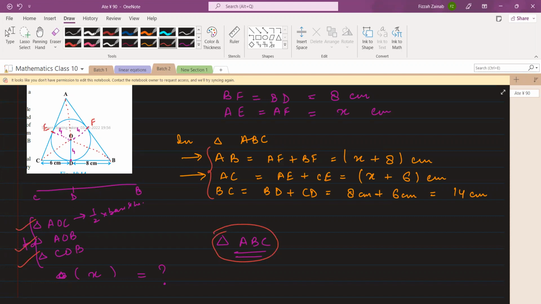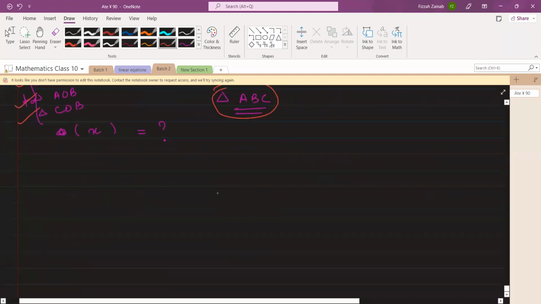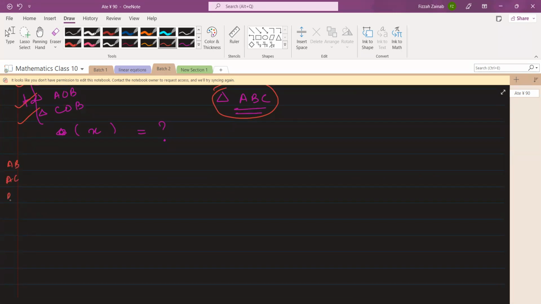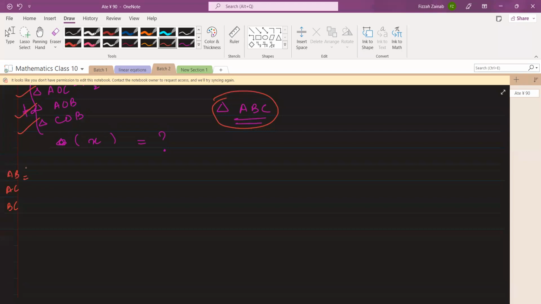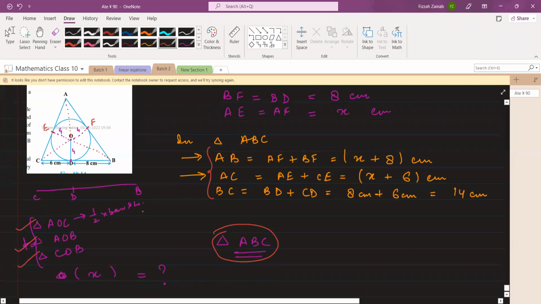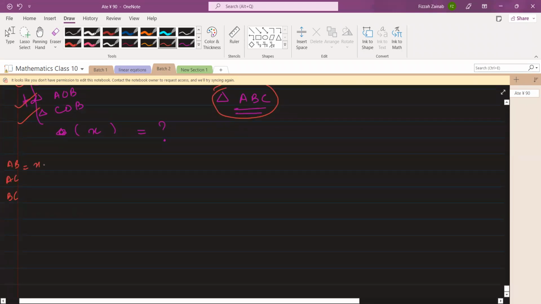Yes. Right. So just tell me AB, AC and BC quickly. This was, I think, x plus 8. Yeah, x plus 8. And this was x plus 6. And this was 14.